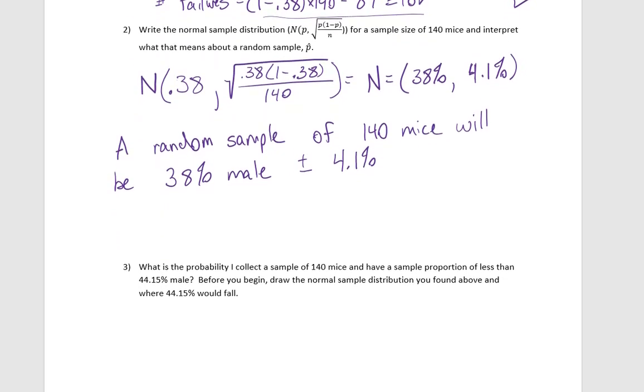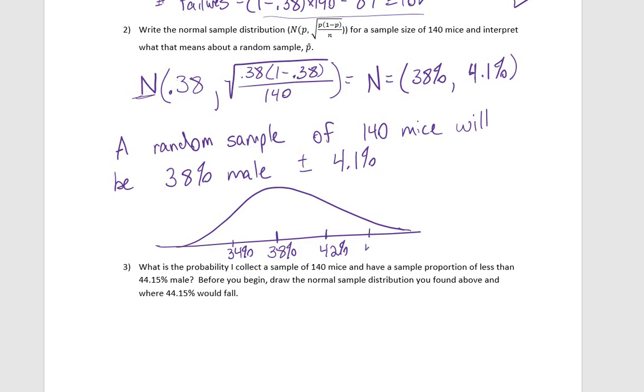Now, before we get on to question 3, here's what I would like to point out, is remember, this is a normal distribution. So, if I drew a normal curve, I would say, okay, well, most of my samples are going to be 38% male mice. It's possible that I see 42% and down to 34%, okay? That's pretty likely.